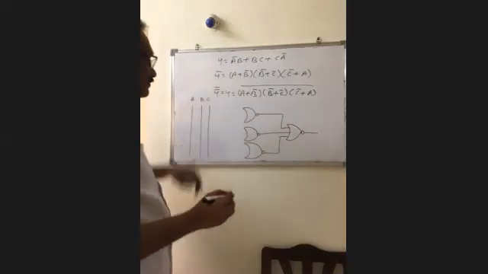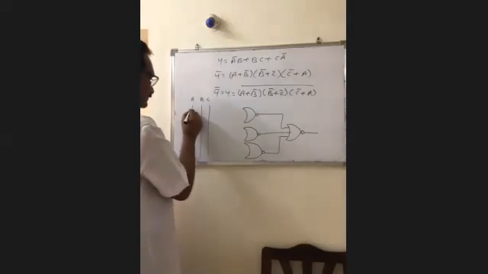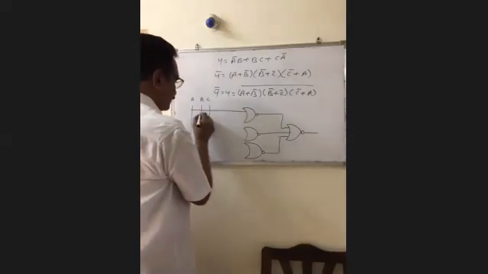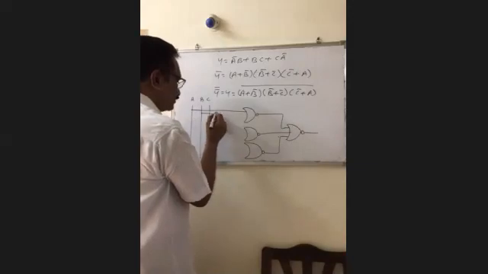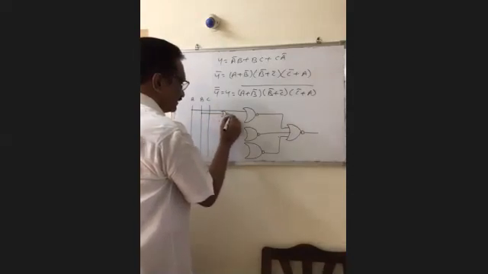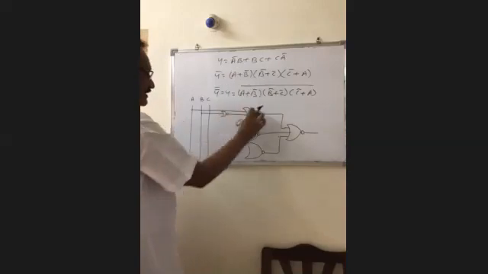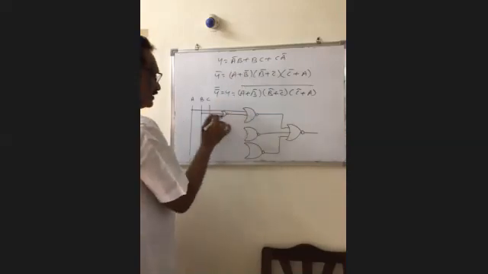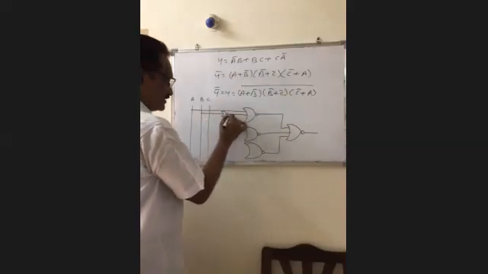A, B bar. For B bar, here use one single input NOR gate, so it acts as a NOT gate. So this is A plus B bar. Here B bar, C bar.